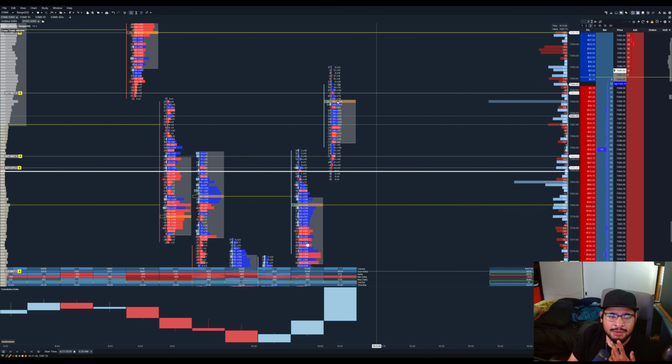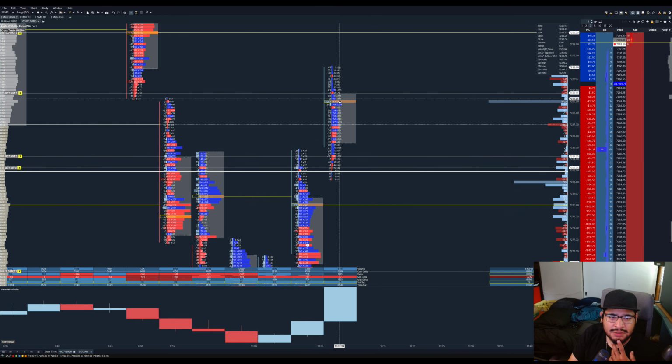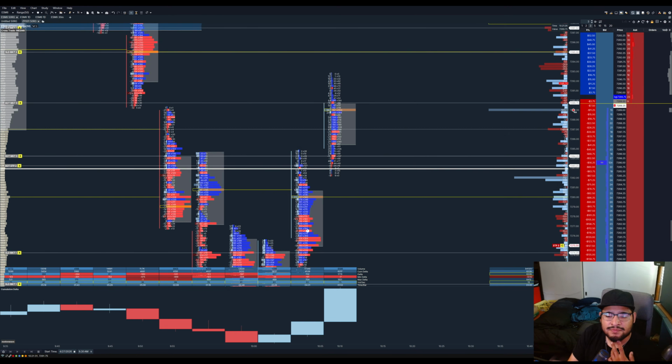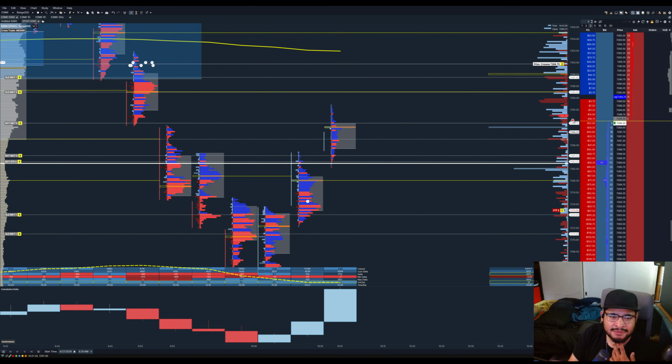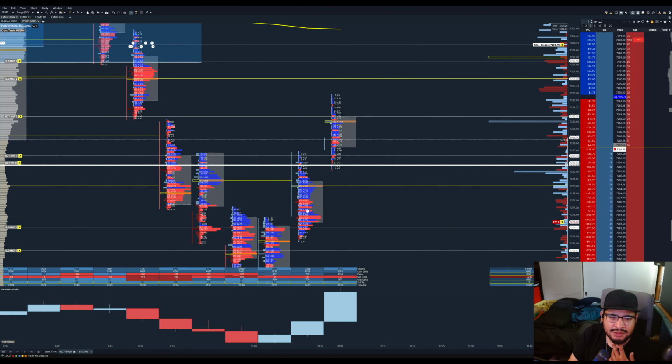We got a pretty big order here. That's 72.89 as well, which I guess is kind of like where I entered. If I was planning to do this, I should have set like a stop loss. So if I was short 3, I should have bought like 6 here at this 72.83.